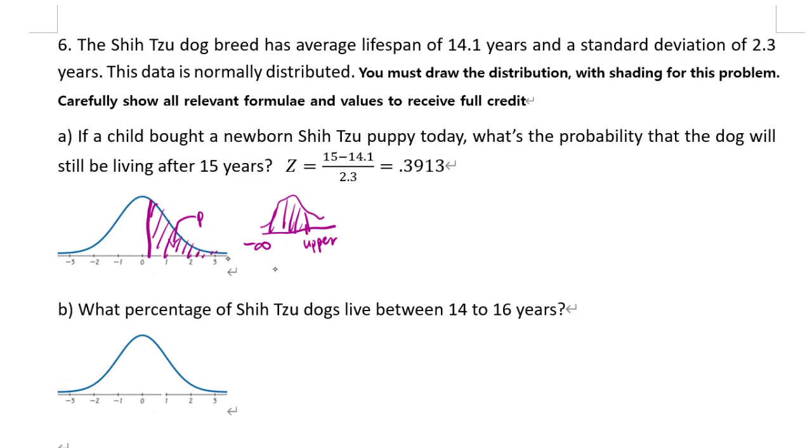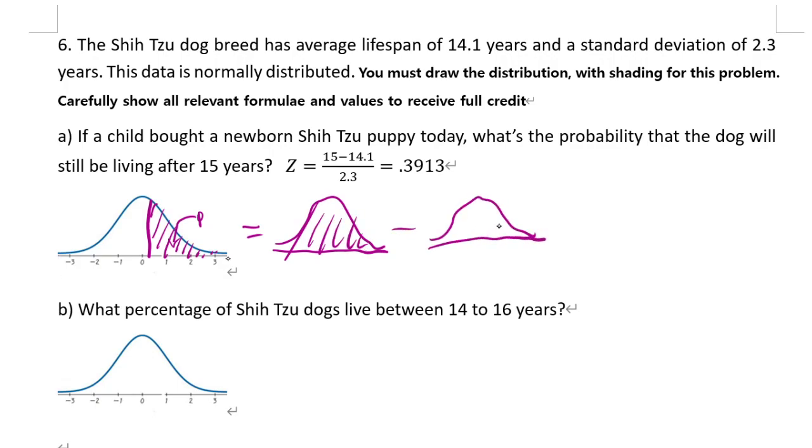And because this is given and you're trying to find this, you have to use the fact that the entire thing is 1. And the better drawing would be doing the following. You can say this is equal to the entire thing shaded minus this side somewhere here, right?